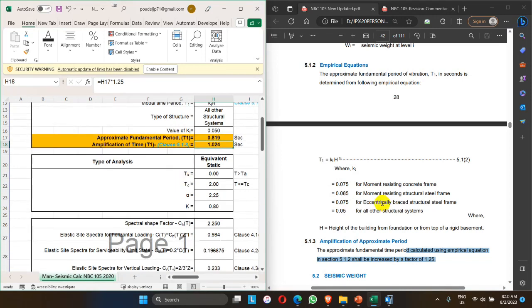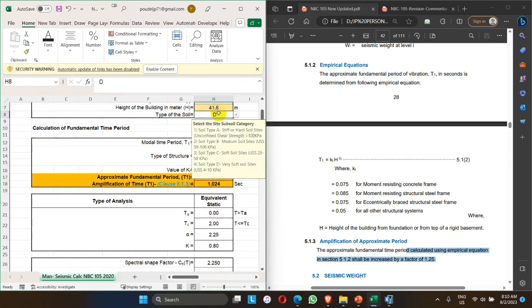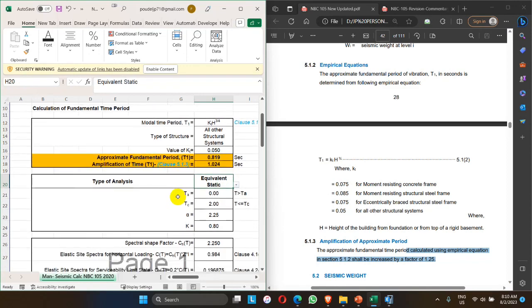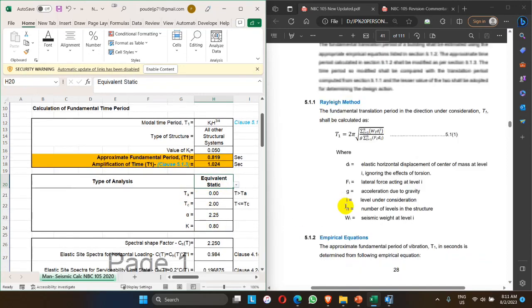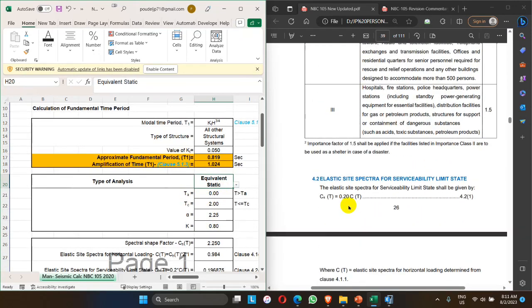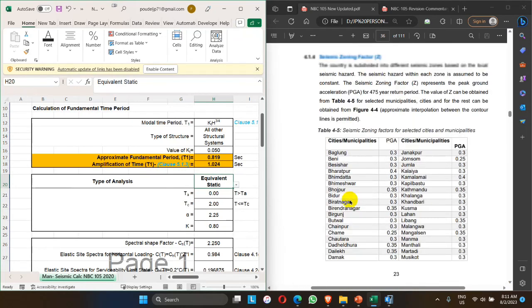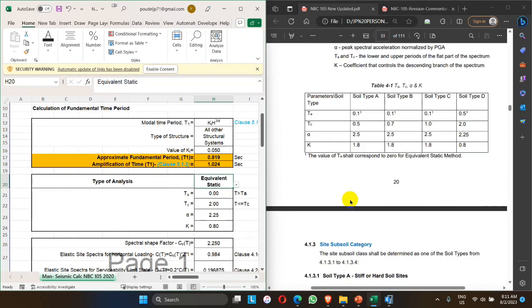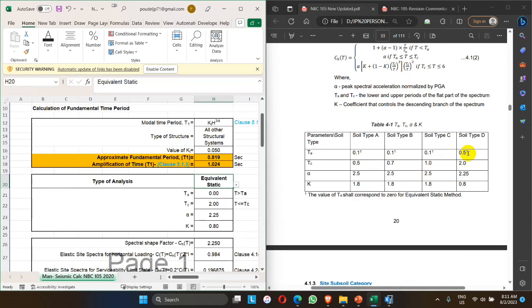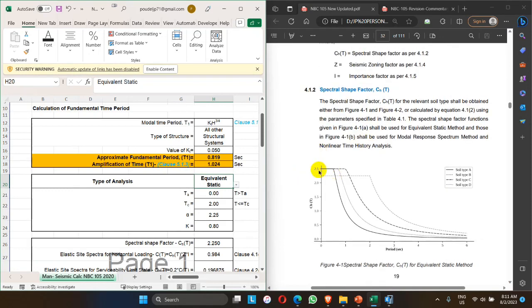After this, let me turn to another section of the time period evaluation. So for Kathmandu, if we consider soil type D, these are the equivalent soil parameters for the curve, which we can see here in the table. In the table for soil type D, if we choose the equivalent static analysis, TA is 0.